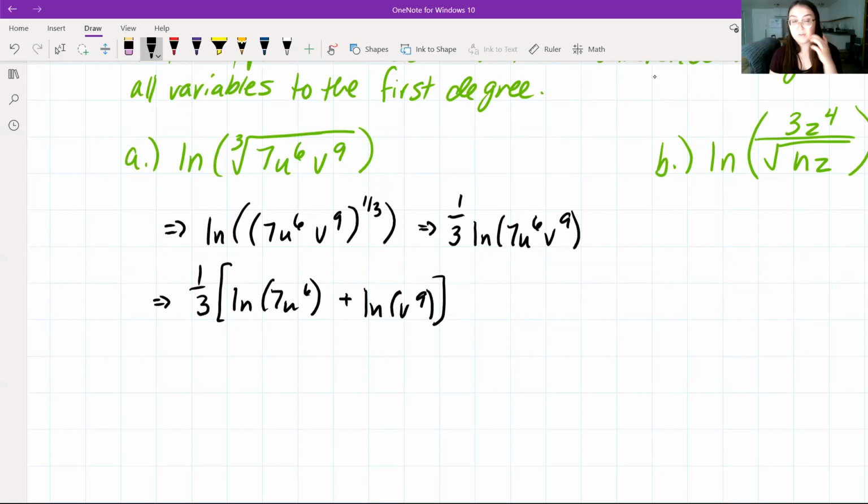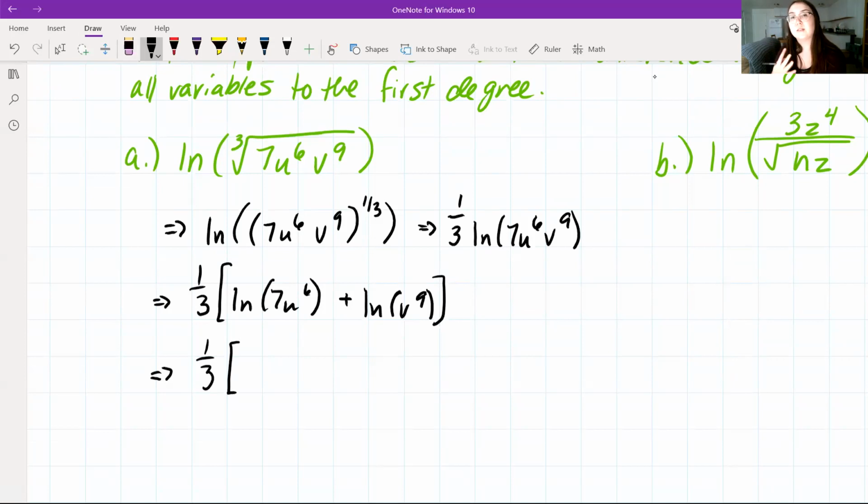Then we can simplify this further so we can pull out our exponents now. We can pull our exponent out of our second term for sure, but what we notice in our first term is that we have the natural log of 7 times u to the 6th power.